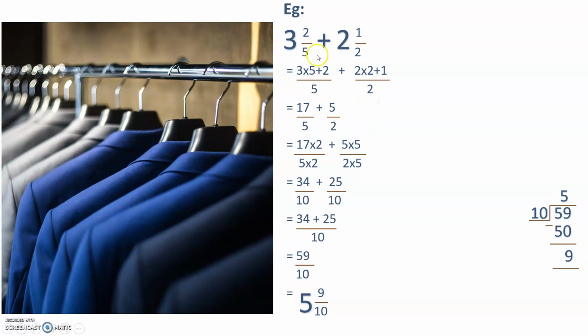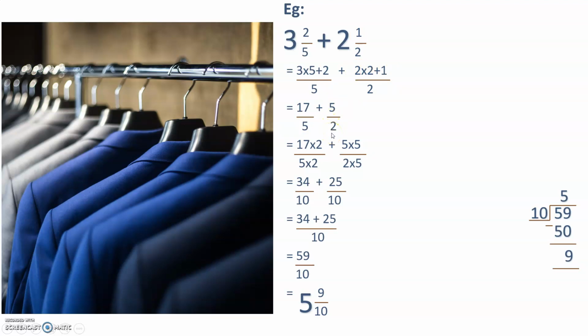So now let's see. So we'll multiply 3 into 5 plus 2 upon 5 plus 2 into 2 plus 1 upon 2. So 3 5s are 15, 15 plus 2 is 17, 17 upon 5 plus 2 into 2 is 4, 4 plus 1 is 5. So 5 upon 2.